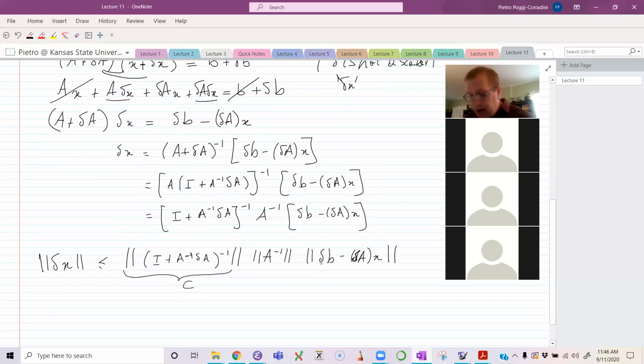And then, if I use the triangle inequality, this is the submultiplicative property, S and P. I'll use that notation. Triangle inequality.